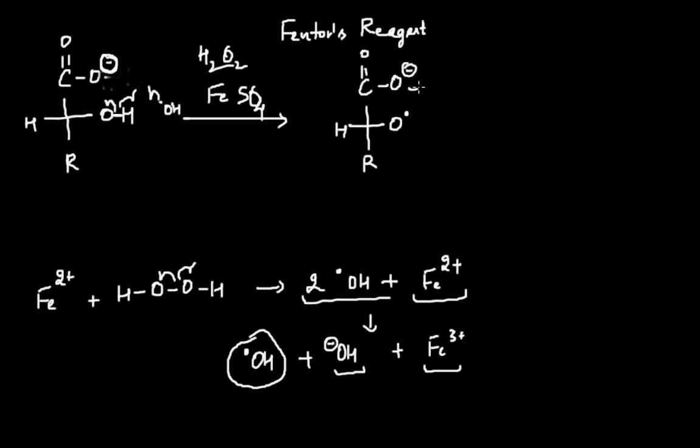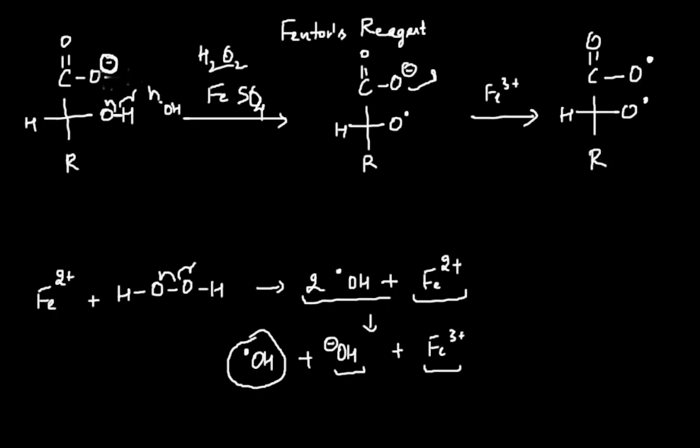Now what is this? This is your negative charge, right? So negative charge also essentially consists of two electrons. One of the electrons is going to reduce your Fe3 plus to Fe2 plus, and what will happen is, your other electron, okay, this is formed, a radical is formed.